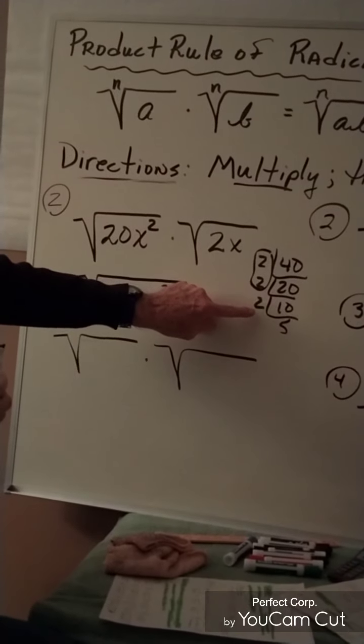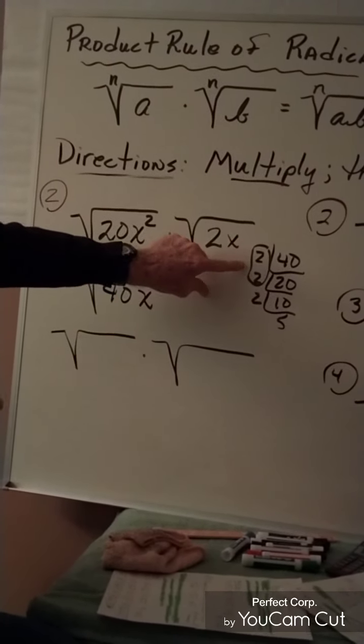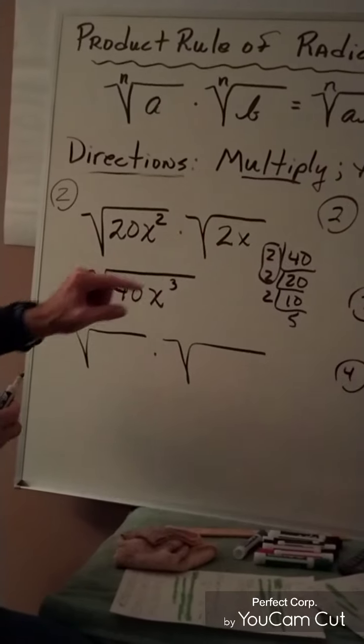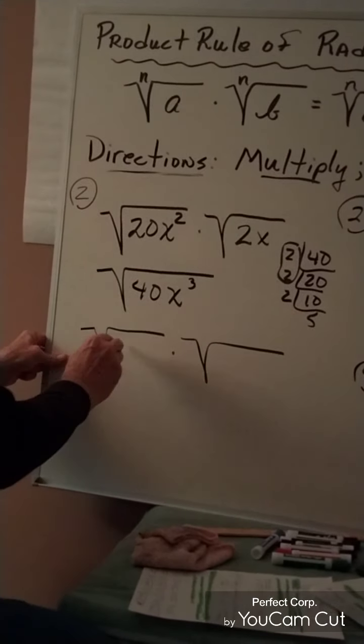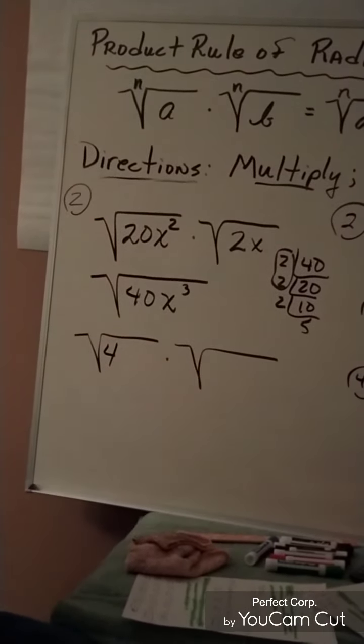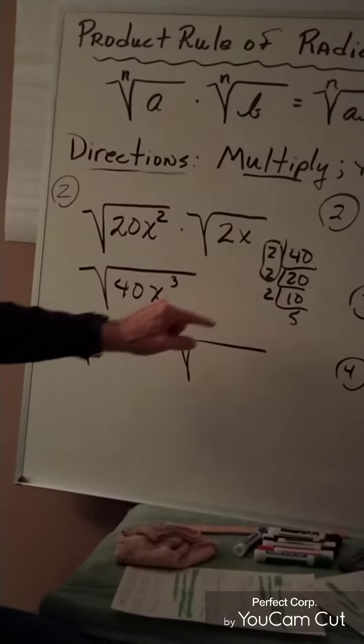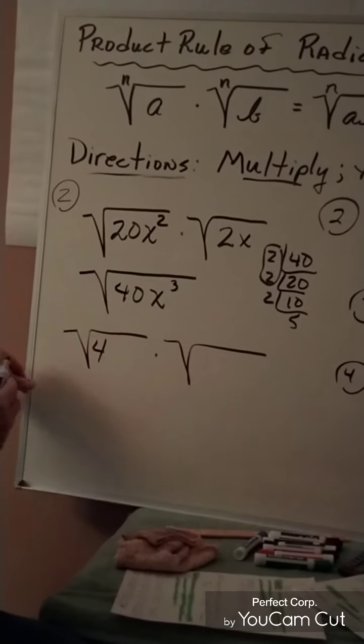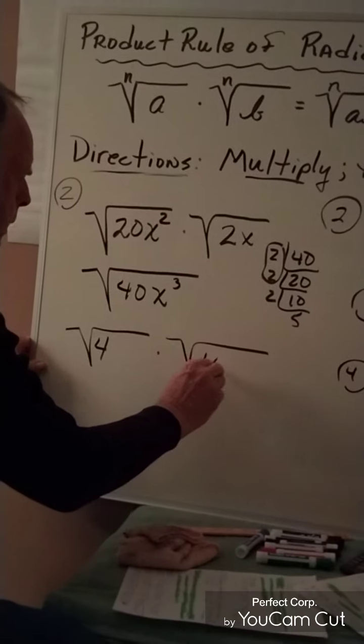We don't have another 2 to join with him. So 2 times 2, or 4, will be the largest perfect square factor. 2 times 5, 10, goes in the irrational.